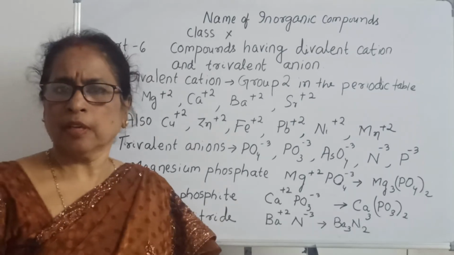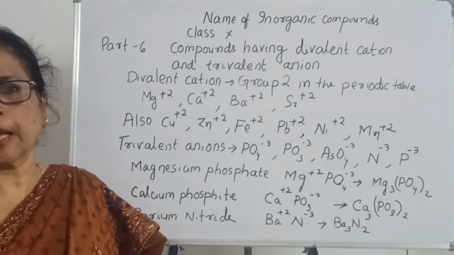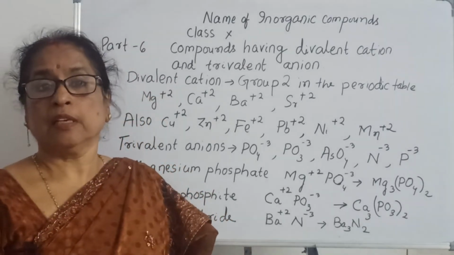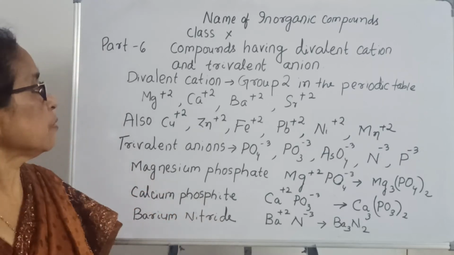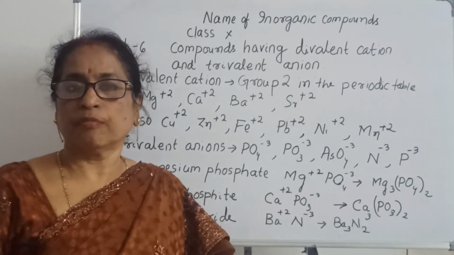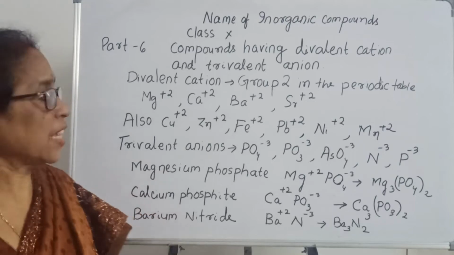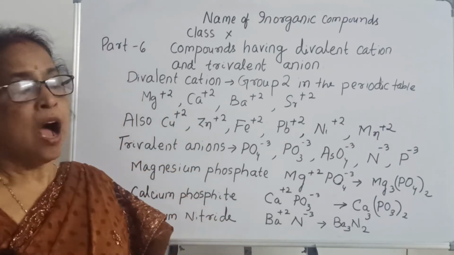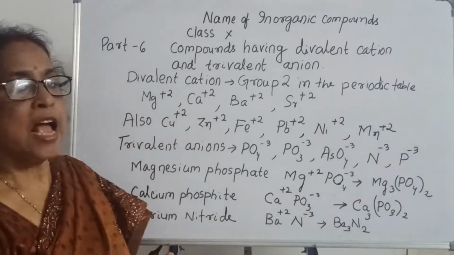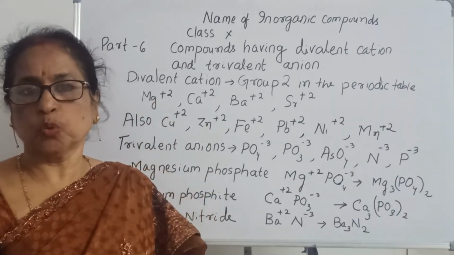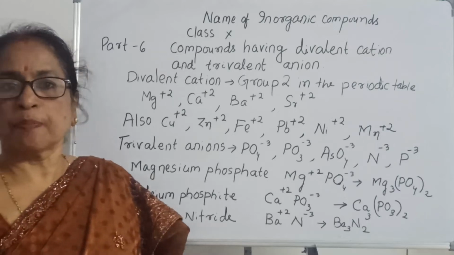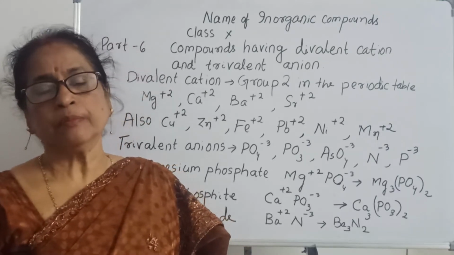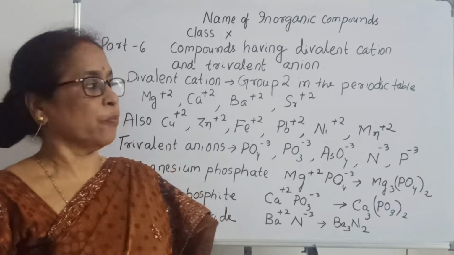Radium is a nuclear element, which is why it does not form this type of compound like magnesium, calcium, strontium, barium. Here we can see Mg +2, Ca +2, Sr +2, Ba +2.